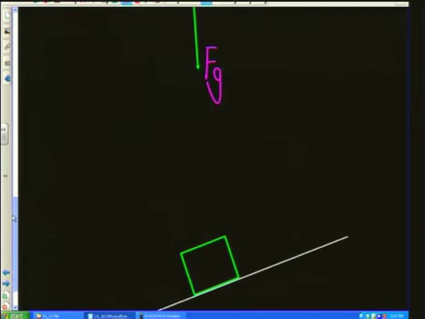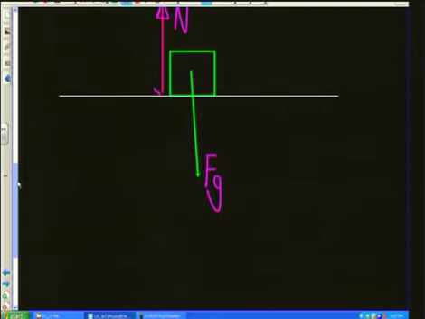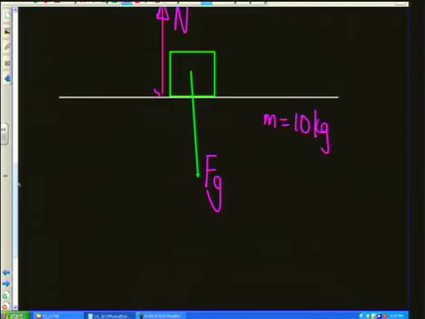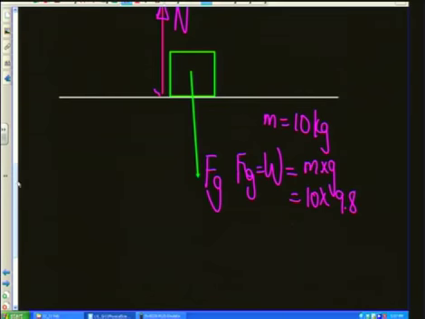Okay, now quickly, if we have the mass of this object, say the mass is 10 kilograms, I can find the weight, or what we call the gravitational force, which will be equal to m times g, and that will be 10 times 9.8, and you will get that to be 98 newtons.